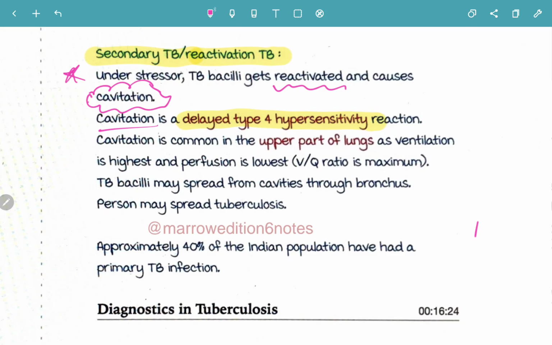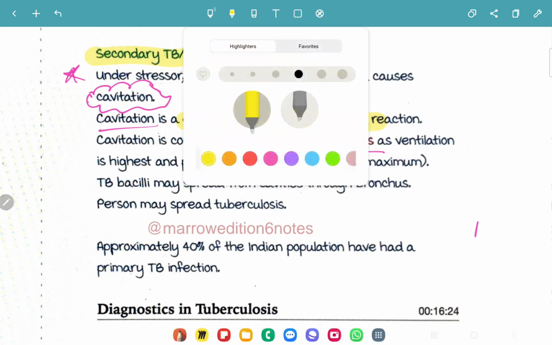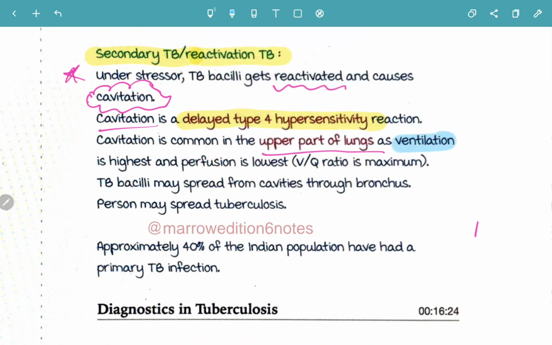Cavitation is common in the upper part of the lungs. Why is it common in the upper part of the lungs? Because the ventilation is highest and the perfusion is lowest.